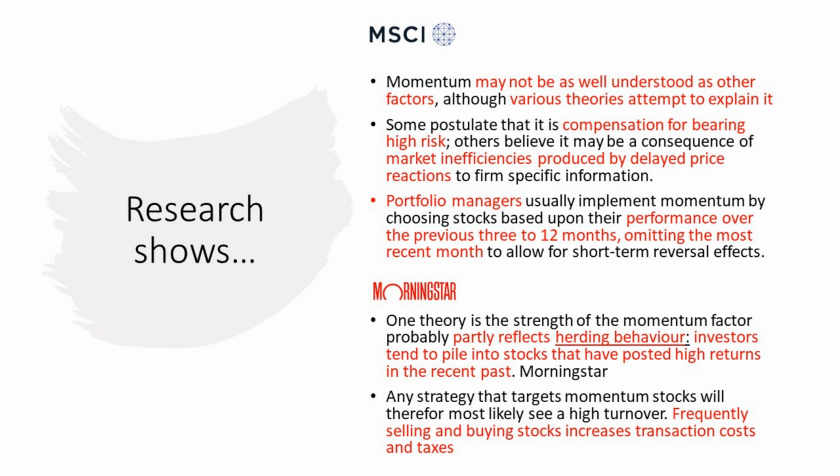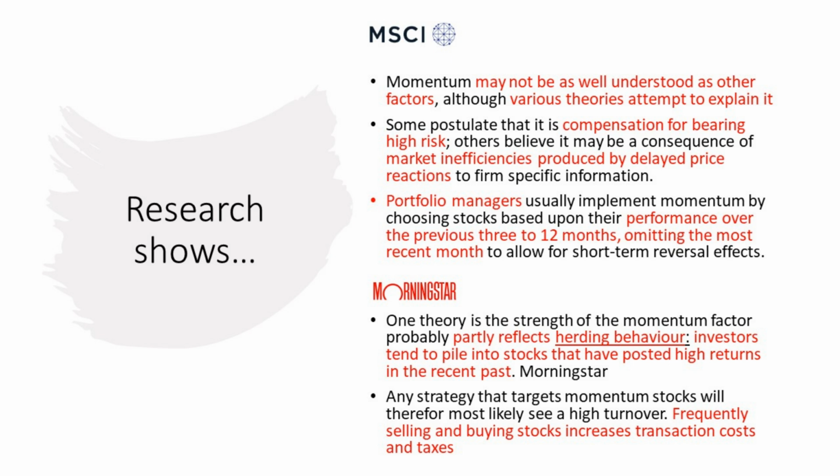Okay, that's intuitive. The other explanation might be that market inefficiencies produced by delayed price reactions to firm-specific information cause the outperformance. Well, a lot of the trading out there is really just algorithms that don't need time to mull something over. That seems to be a less compelling explanation, but it is one nonetheless.